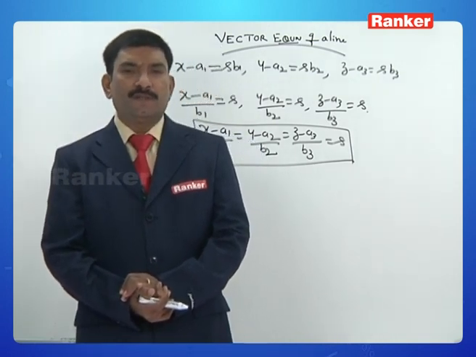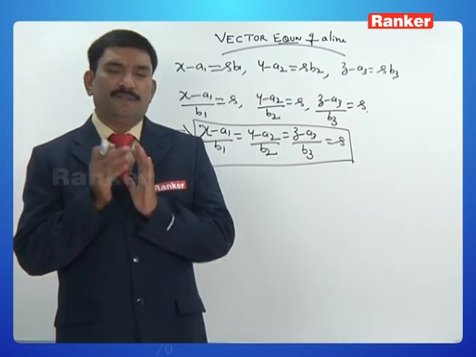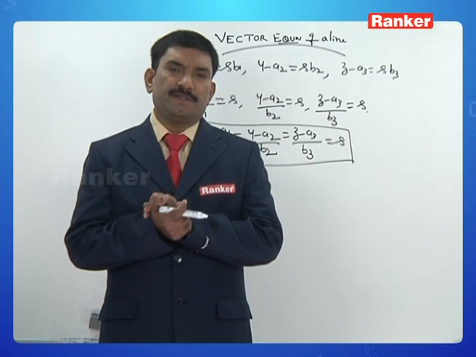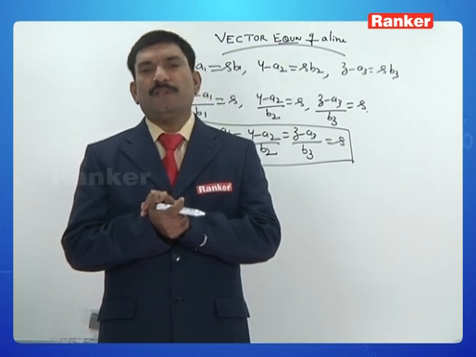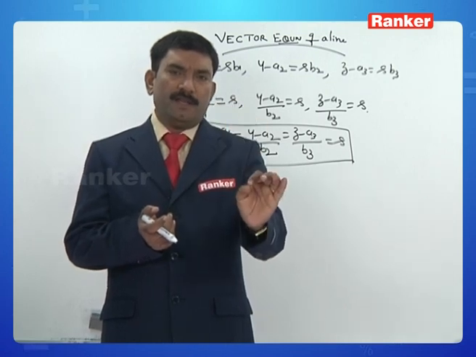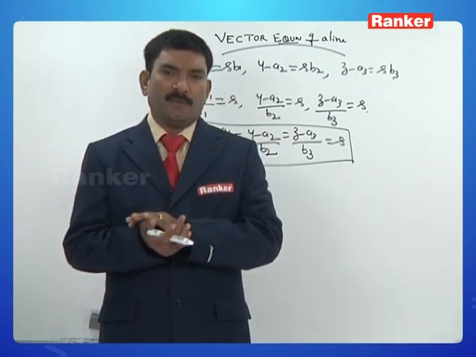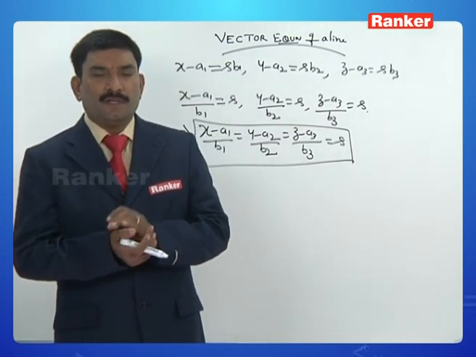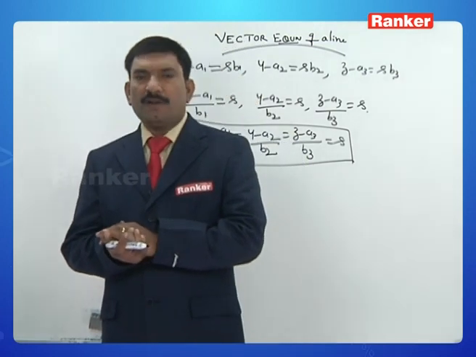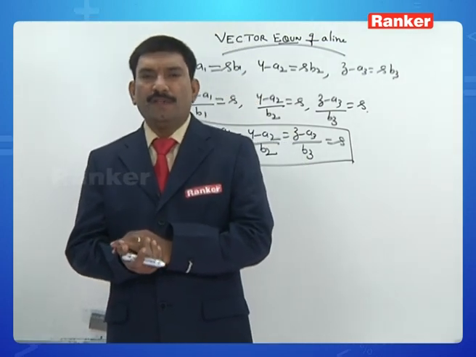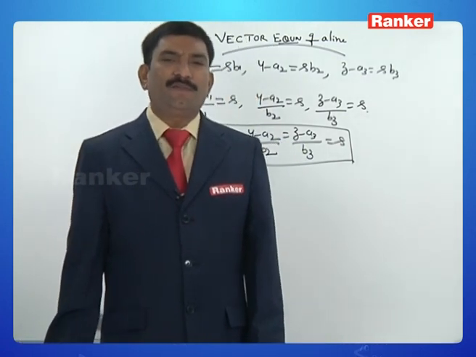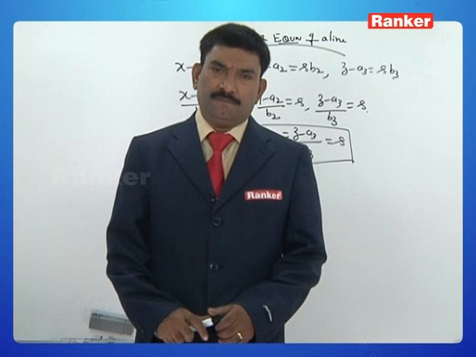Yes, students, we discussed two types of equations of lines. One is the vector equation of a straight line. The second one is the Cartesian form of a straight line, which comprises x, y, z.